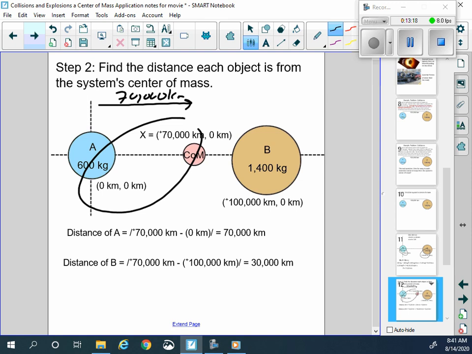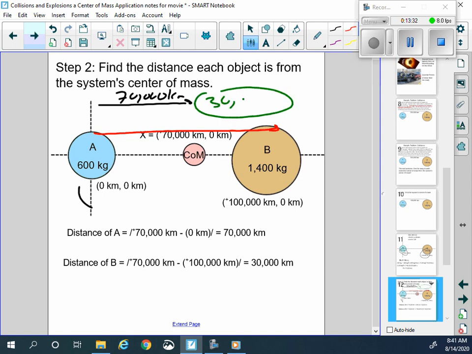Object B is 100,000 kilometers away from A. But since the center of mass is 70,000 kilometers away, I just have to travel 30,000 kilometers for that guy. And so I just simply subtract out 70,000 from 100,000 and I'm done. Please notice B, the more massive asteroid, travels the least amount of distance.